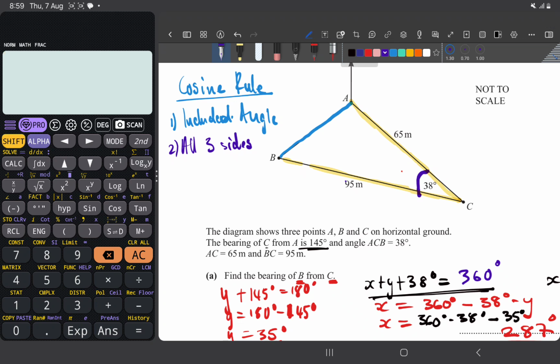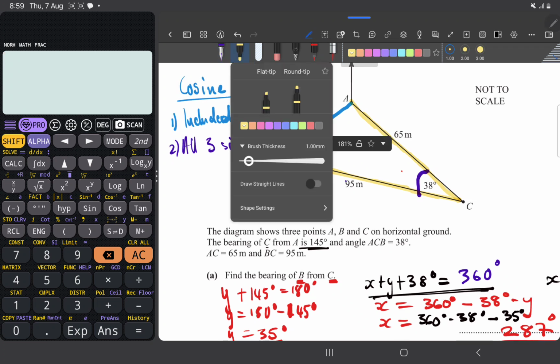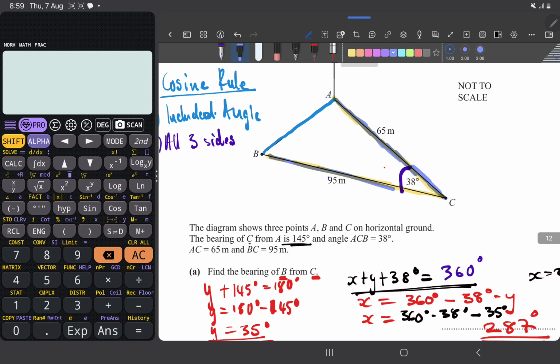You're going to get a non-right angle triangle. Let me highlight it in another color. You will get one side like this, I'm highlighting in blue. Can you see my highlighter moving? You get this side, then this other side, then the angle between them.